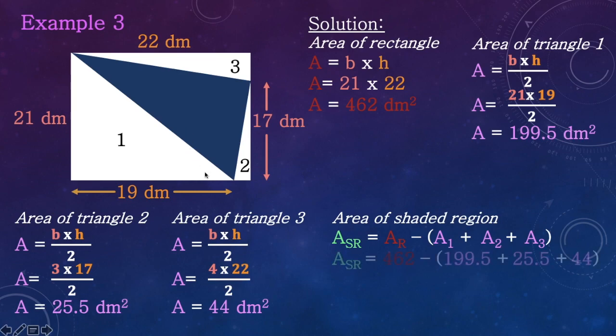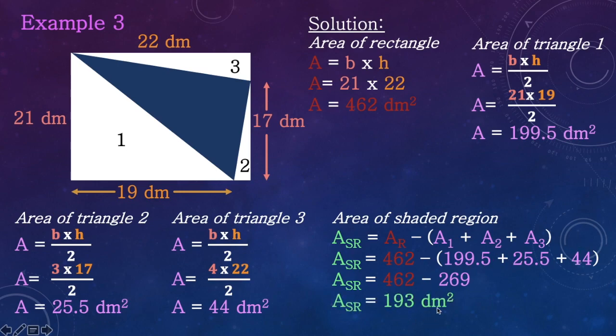So let's plug in our numbers. These are all the numbers that we calculated before from step 1 to 4. We do our brackets first. Don't forget BEDMAS. And then we get an area of the shaded region equal to 193 decimeters squared.